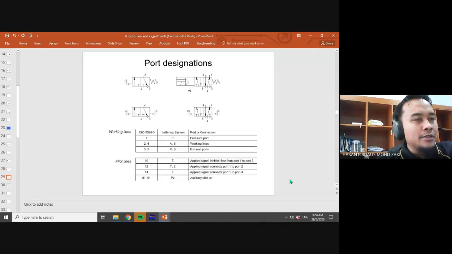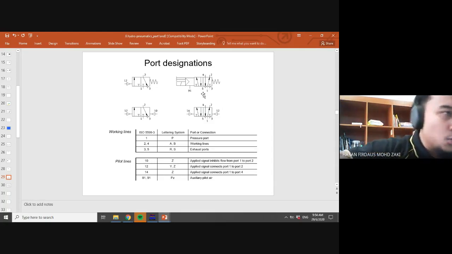Number of ports. Why the numbers? This follows the ISO standard. Port 1 you can call 1 or P. Normally in any drawing we use these numbers.